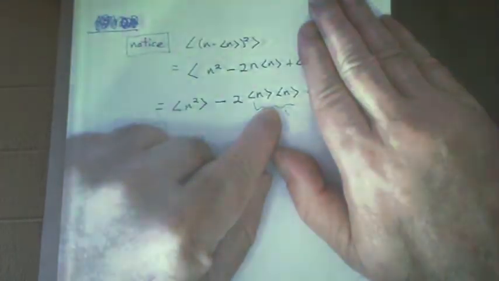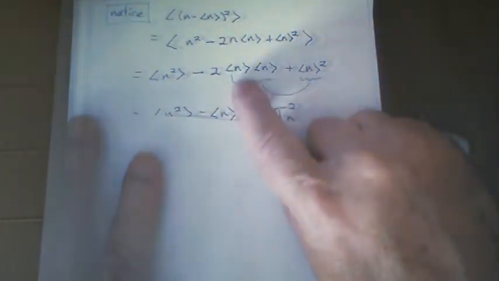Then what am I left with in the second term? N. The average value of n, write it this way. So there's a second term. The third, last term: what's the average value of 17? Well, 17. So the average value of a number is just the number.